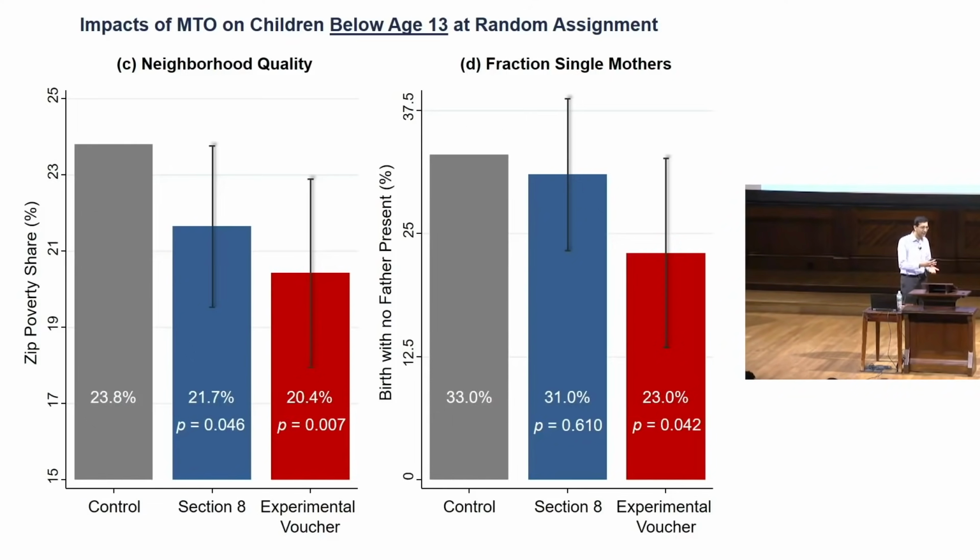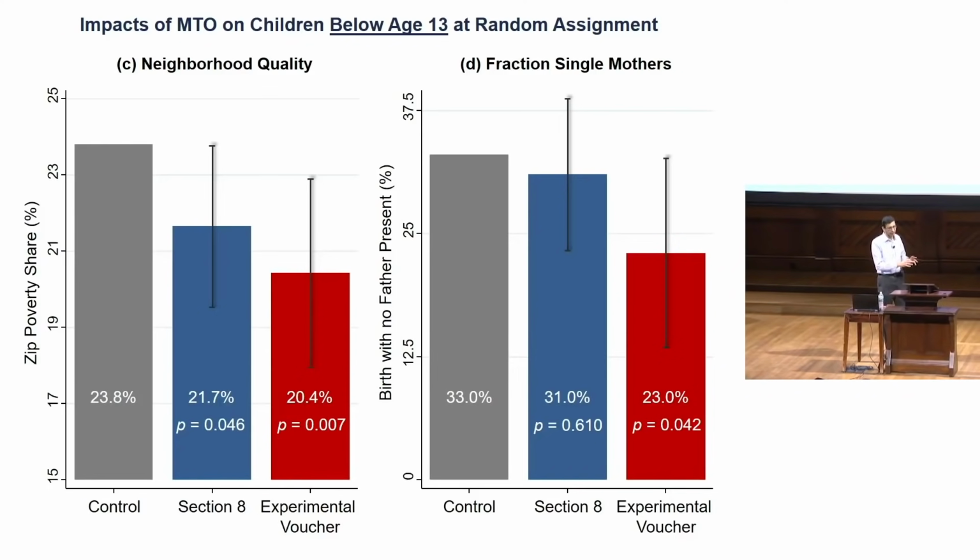Once you start cutting the data into subgroups, you're cutting it by age, looking at older kids, and then you're looking at boys versus girls, you start to run out of statistical precision a little bit, so it's hard to tell. We didn't find a ton of gender differences. There is some literature suggesting that moves, especially in adolescence, are more disruptive for boys than for girls. I think this experiment doesn't quite have enough data to really pick that out cleanly, but it's a plausible hypothesis for sure.